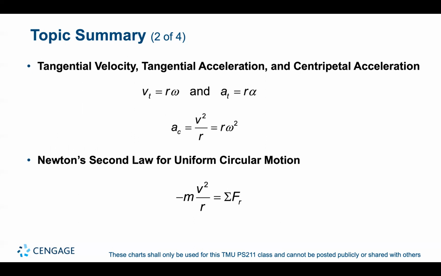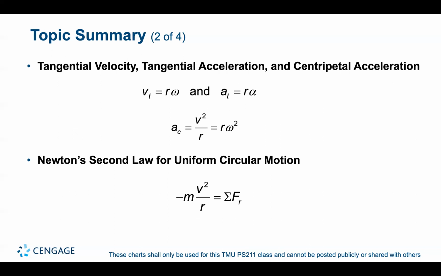For tangential velocity, tangential acceleration, and centripetal acceleration, when an object rotates about a fixed axis, the angular velocity and angular acceleration are related to the tangential velocity and tangential acceleration through the relationship shown. Any object moving in a circular path must have a net force exerted on it that is directed towards the center of the path.